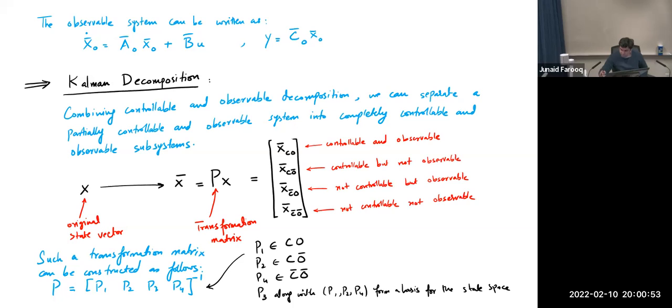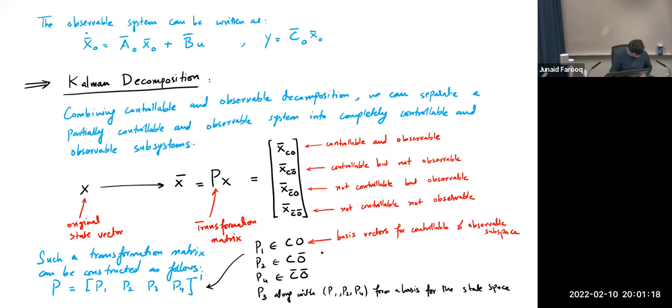So basically these individual P's are actually basis vectors for the controllable and observable subspace, right?